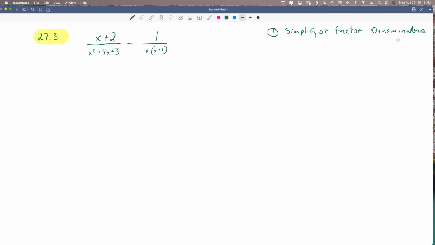And if you think about that, that's something that you already do anyway. Like if you had a problem that was 2 over 4 plus 3 over 2 plus, I don't know, 7 over 8. You would factor the 8 and you would see that it had 4 and 2 inside of it.